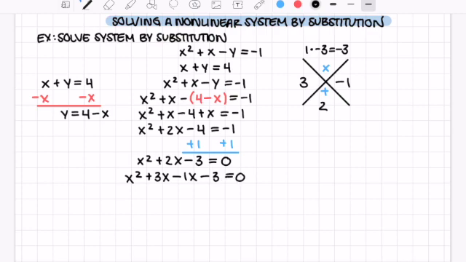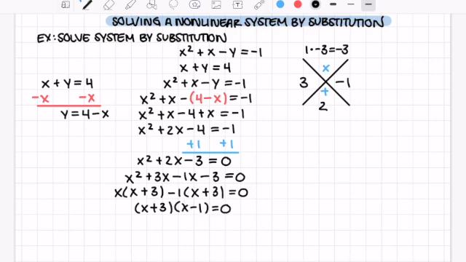And then from here, I'm just going to factor out an x from the x squared and the 3x. Then factor out a negative 1 from the x and the 3. When I do that, I'm left with x plus 3 times x minus 1 equaling 0. And so I get two equations, x plus 3 equaling 0 and x minus 1 equaling 0.